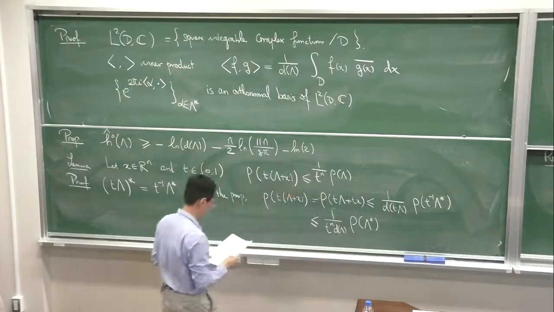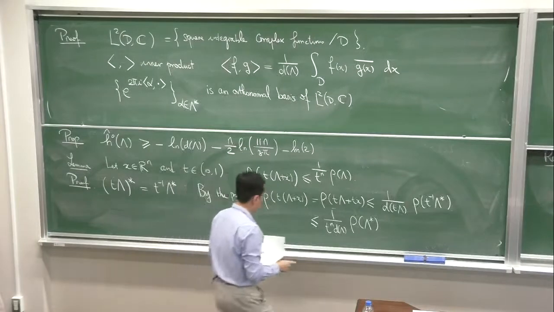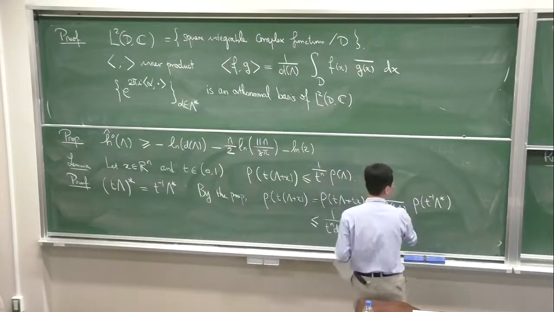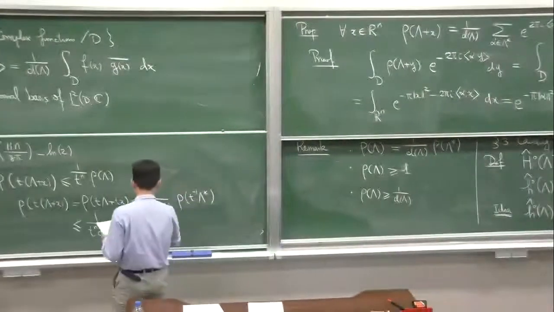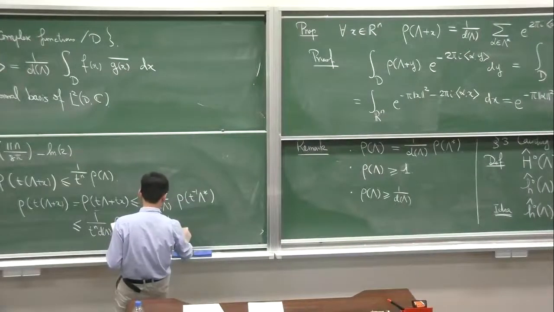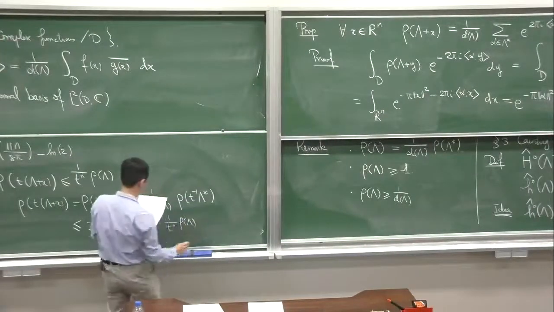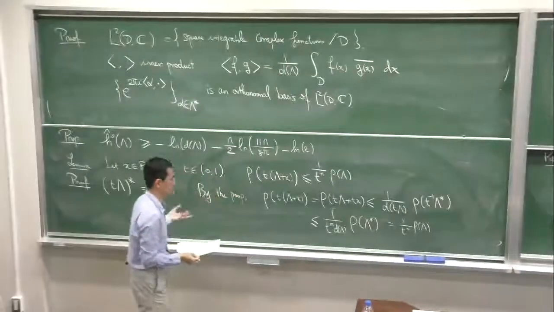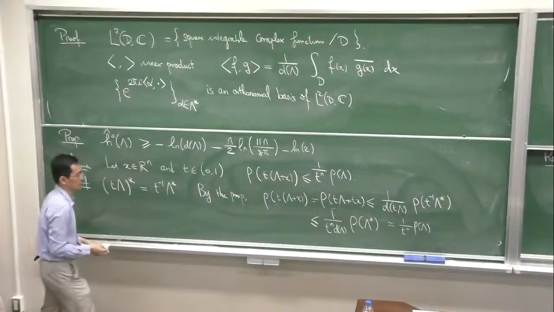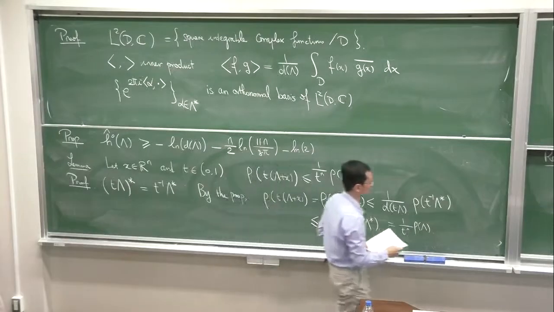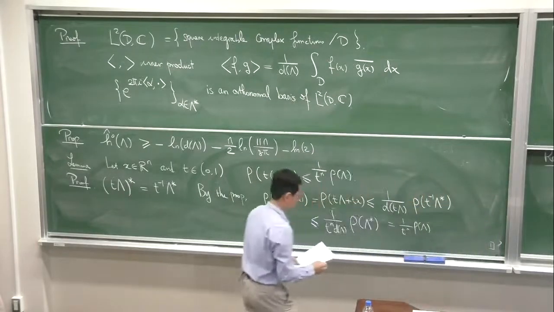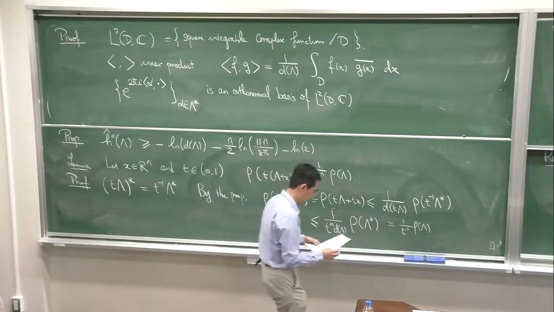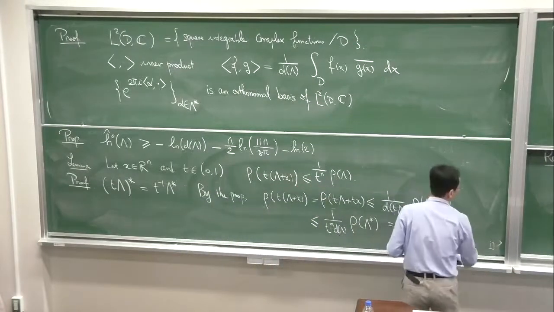So you have this comparison. But you have seen that this one is just rho of lambda. So you have 1 over t^n times rho of lambda. So you see that some statements become very easy. But if you try to prove it directly without using Fourier analysis, somehow it could be a little bit complicated.